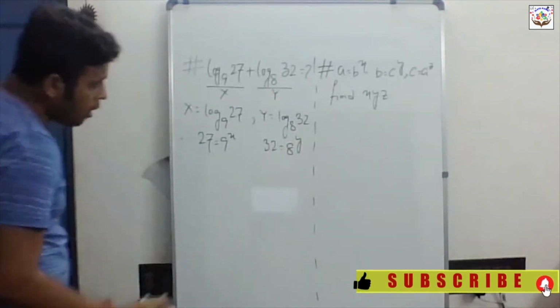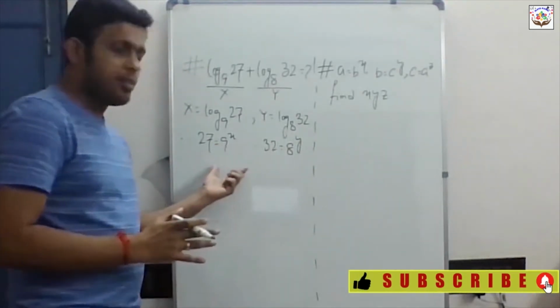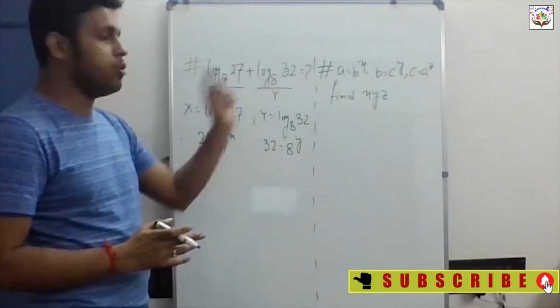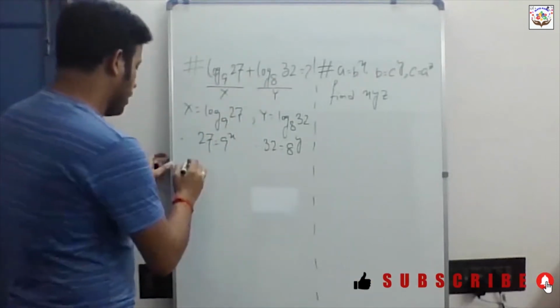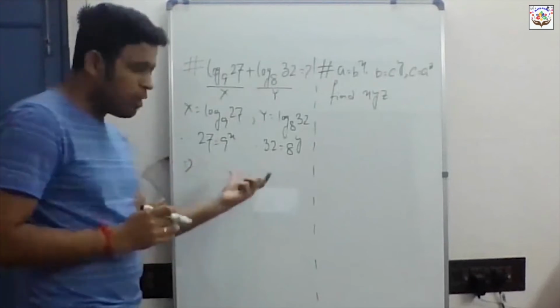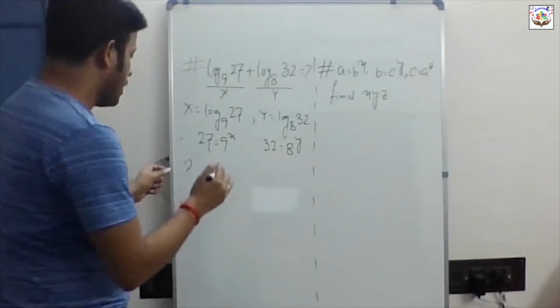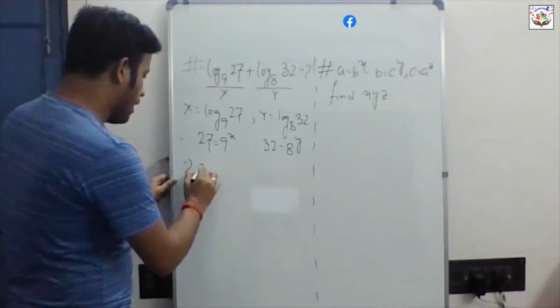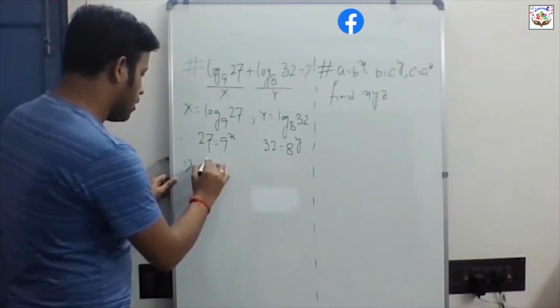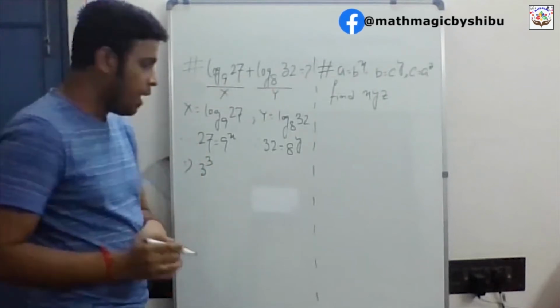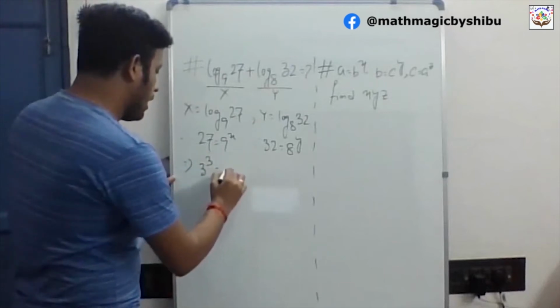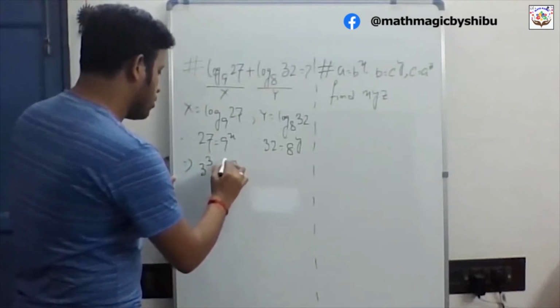We will find the values of x and y at first, then we will add those. Clear? So if we modify just a bit, can we write 27 as 3 cube and 9 as 3 square?